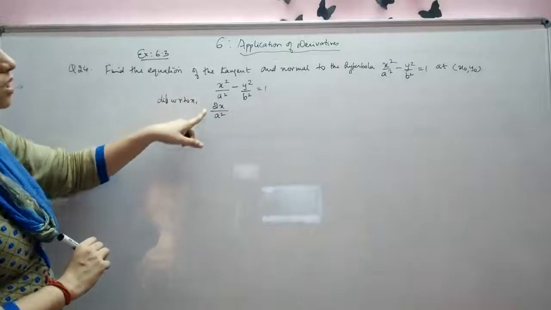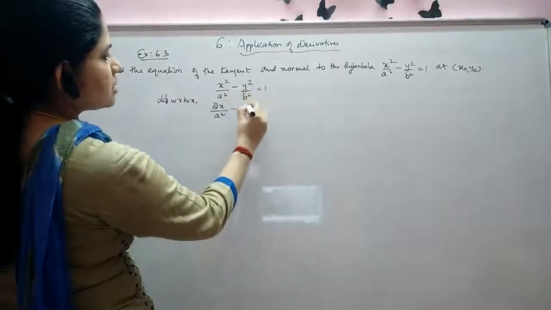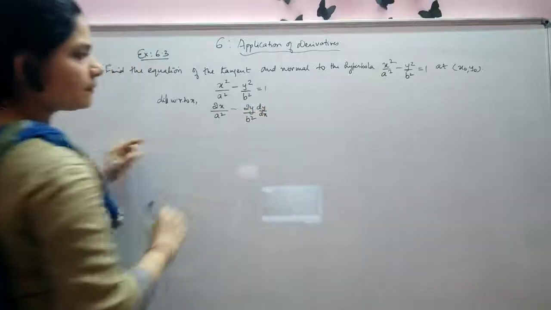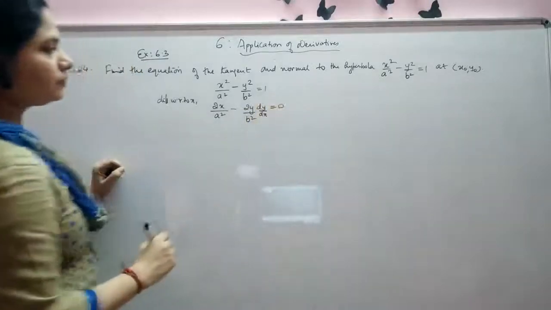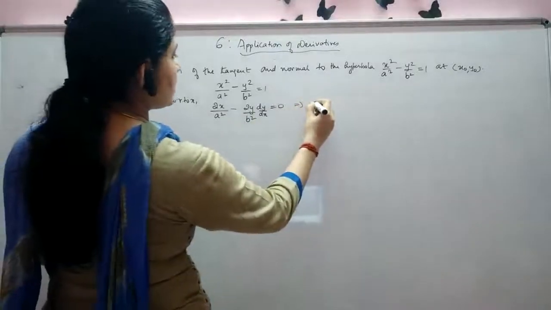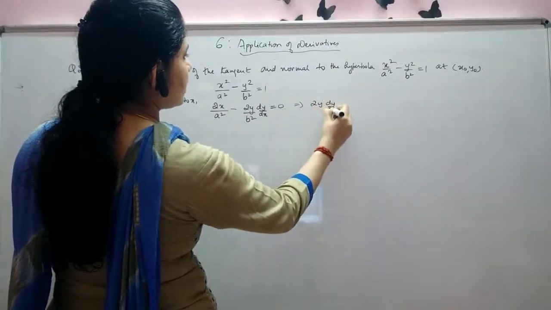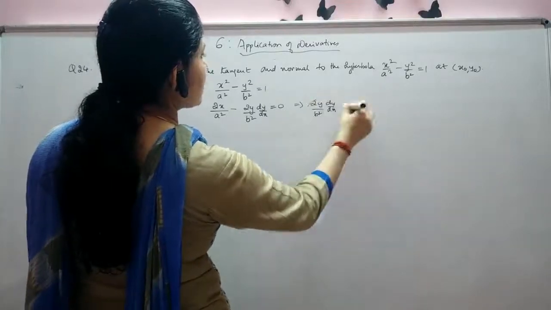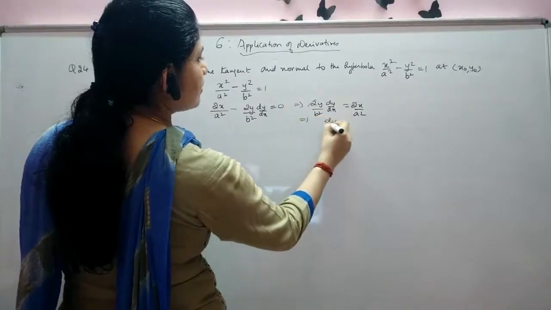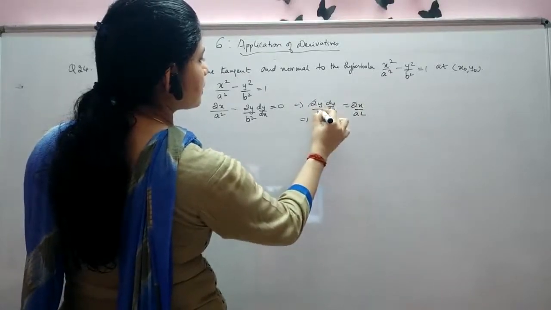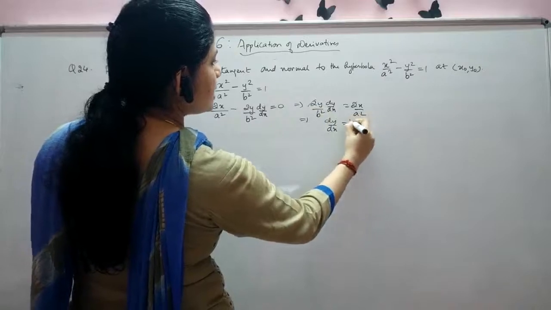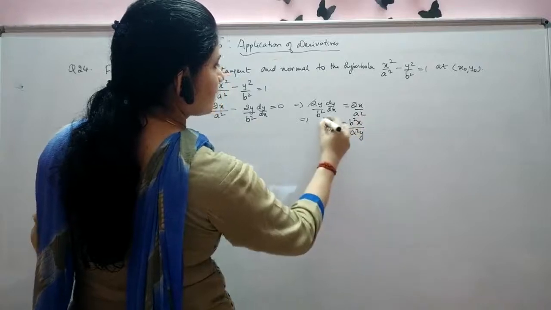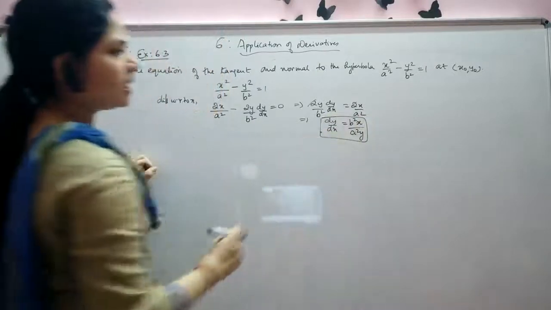A square is constant, so 2x by a square minus 2y into derivative of y dy by dx by b square is equal to 0. That means you will get 2y dy by dx by b square is equal to 2x by a square. 2 gets cancelled and you are getting dy by dx is equal to b square x by a square y. Dy by dx is b square x by a square y.